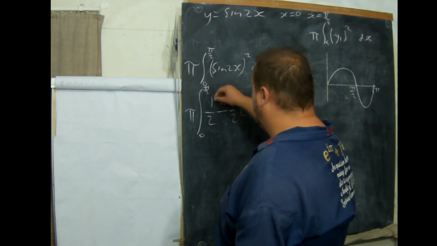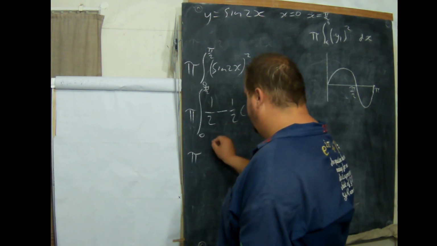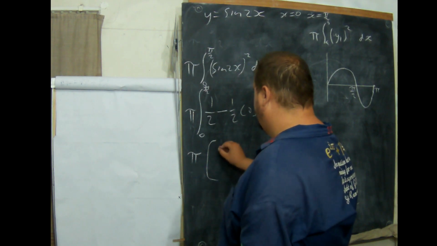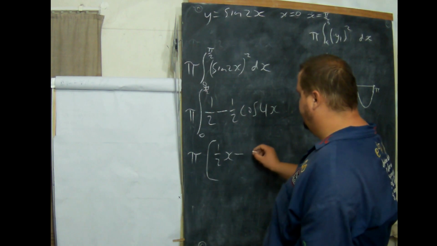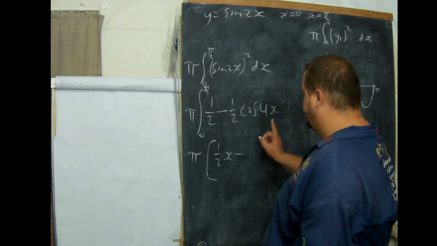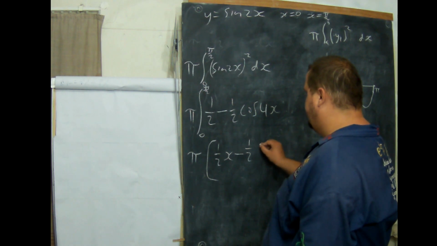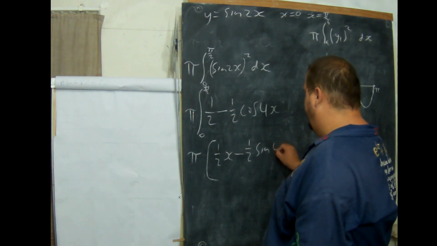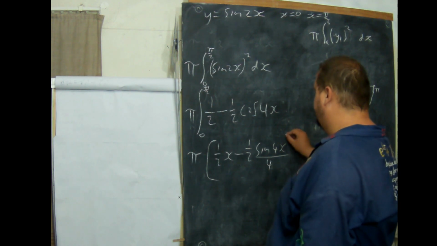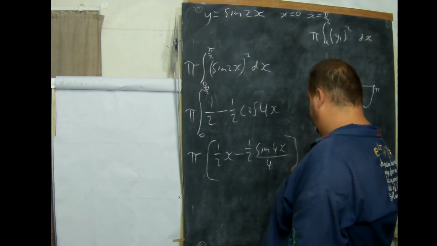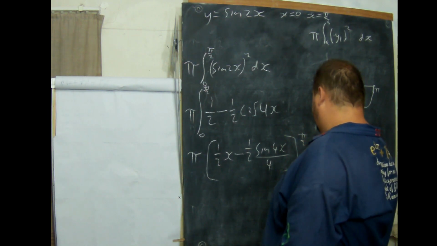So this will be a half, which is now pi, let's do a bracket, a half x minus, now this will be a bit tricky, a half, cos will be sine, so sine 4x over 4, with limits pi over 2 and 0.